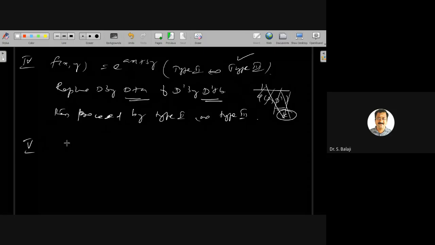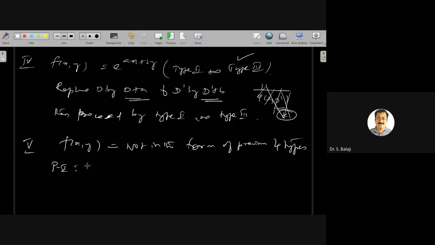Type 5 is any function, any product, any other relationship not in the form of the previous 4 types. In that case, the particular integral can be written as 1 by D minus mD dash of f of x, y. Suppose there is only one factor.